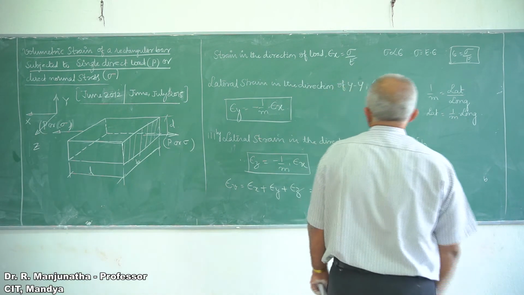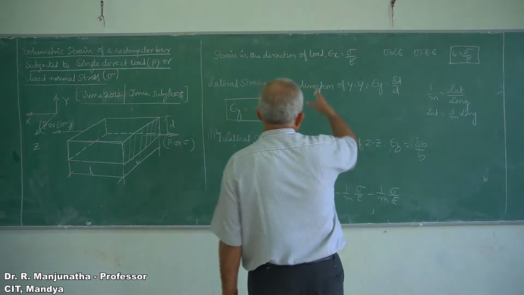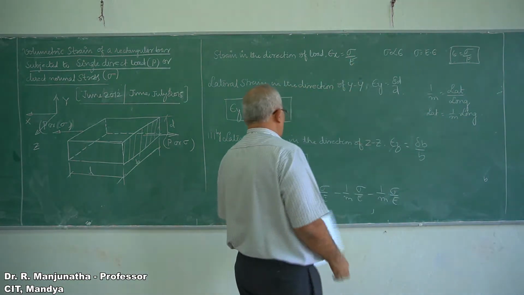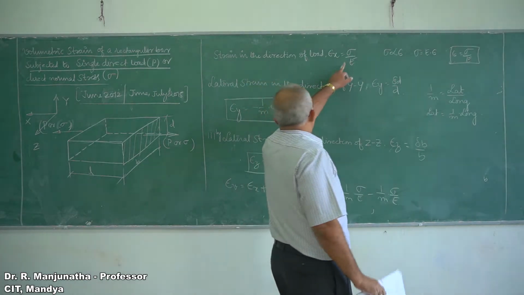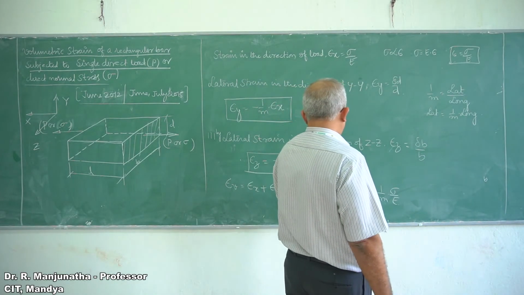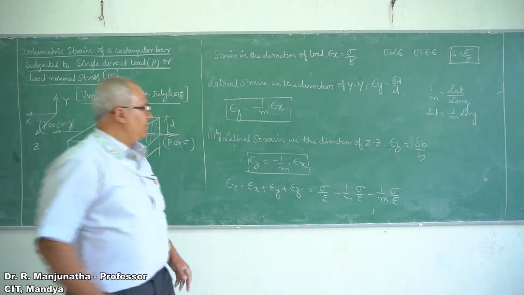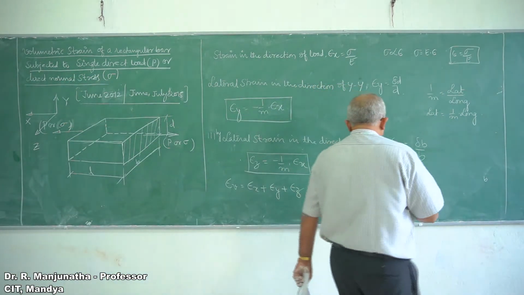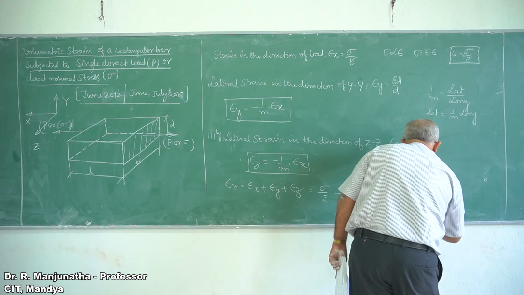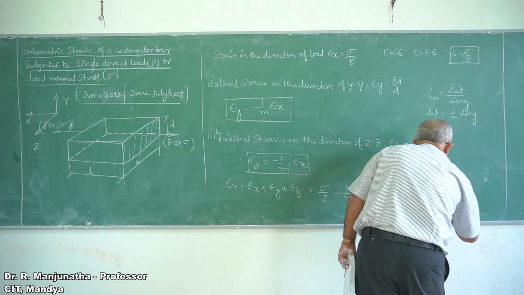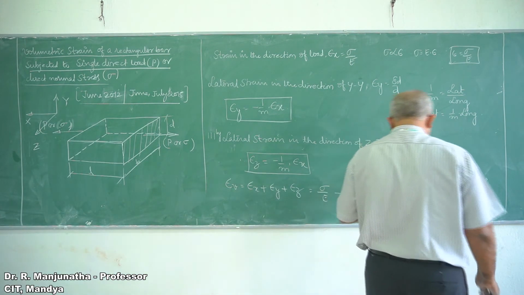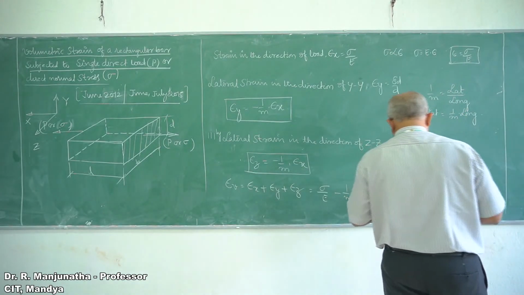Why are we writing this? Because basically epsilon is nothing but sigma by E. So we are substituting the value of epsilon x, which will be sigma by E, minus 1 by m into sigma by E. Which will be equal to sigma by E into 1 minus 2 by m, which will be the volumetric strain.